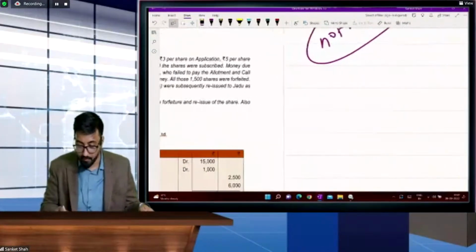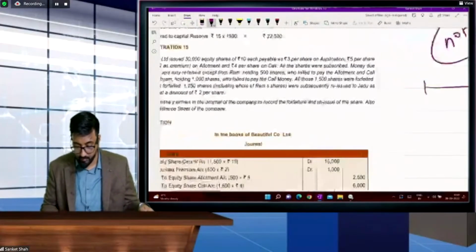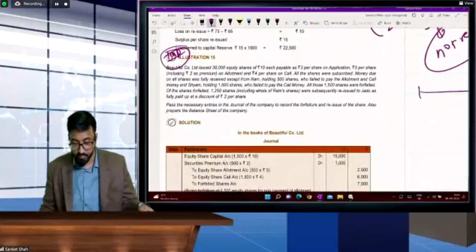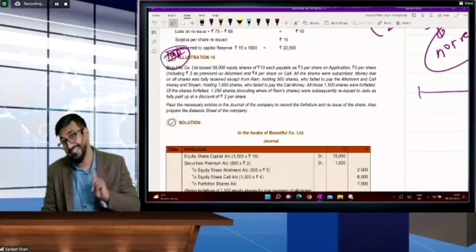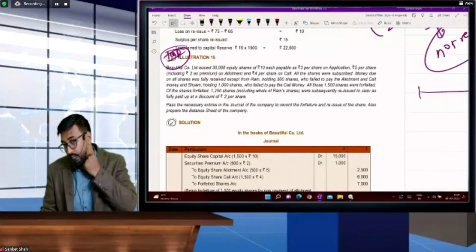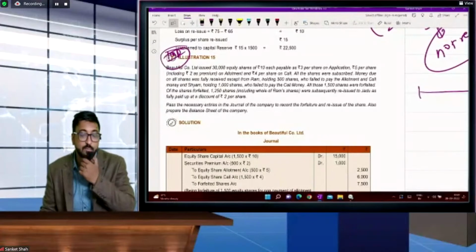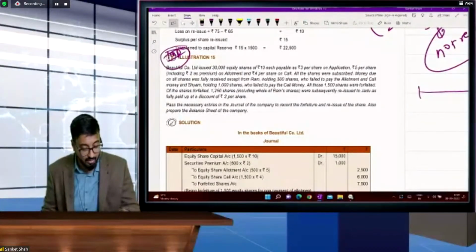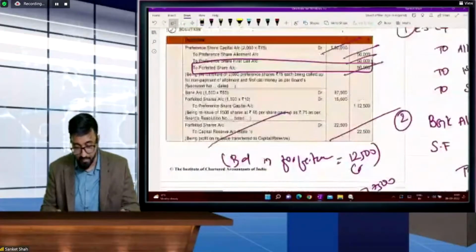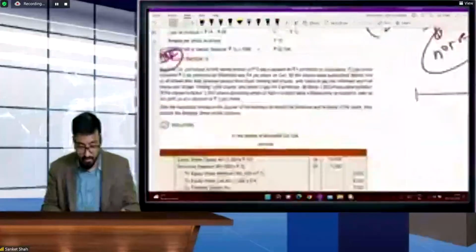Now beta, please understand this question is the most important question. 15 I am going to take, 16 I will give you as homework. So next session first we'll start with 16 and 15 number हमें देखना पड़ेगा. अभी डिफिकल्ट कहाँ है? It's very simple.